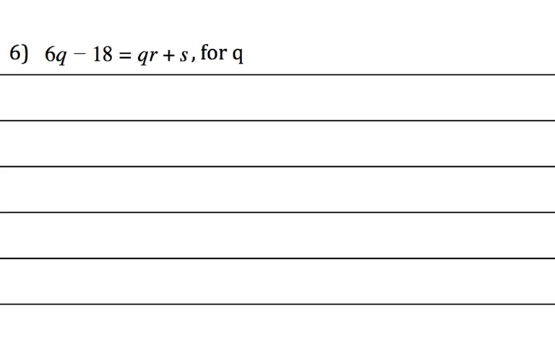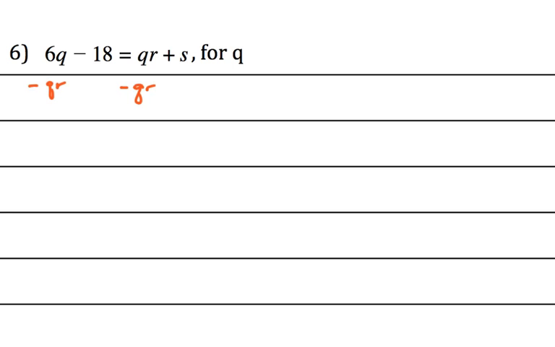We'll do another example with the whole factoring situation. So I get 6q minus 18 equals qr plus s. And we're told to solve this for q. Right, so in this case, maybe I'll subtract qr from both sides. You can see how I don't really like qr and s here.